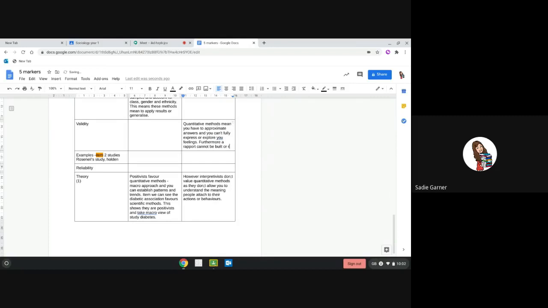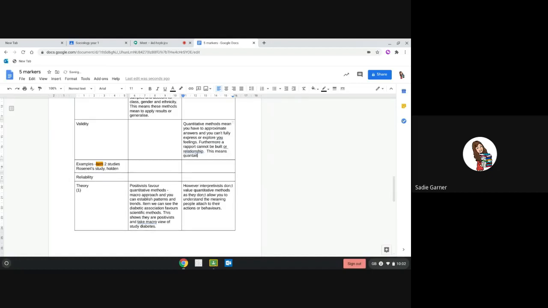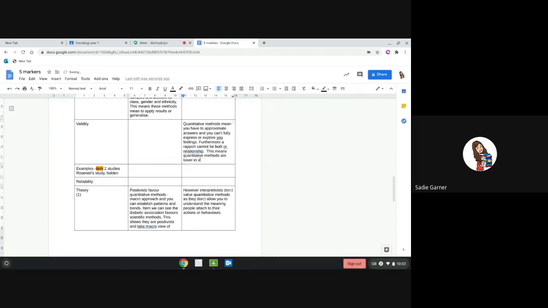This means quantitative methods are lower in validity. I'd argue no real strengths, just a weakness there. Don't do a paragraph for my studies in the item, that's just a prompt. So that one's done.